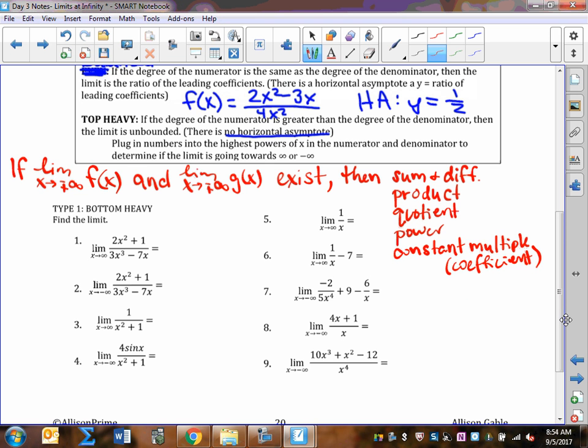That's where we said if we have the limit as x approaches infinity of c times f of x, we can take that coefficient out. So as long as our end behavior limits towards infinity exist, meaning they approach a single numerical value, then all of these properties still hold true.